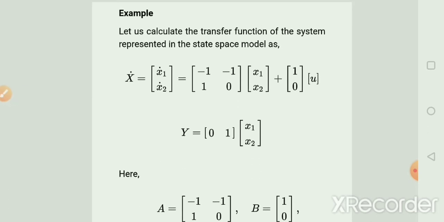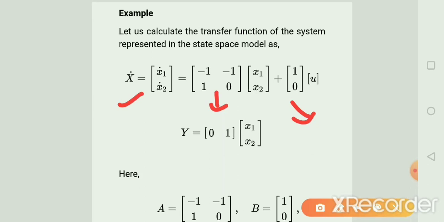Now for example, let's calculate the transfer function of the system which is represented by the state space model. Here we have a state space model, we know that x dot equals Ax plus Bu. So it is x1 dot and x2 dot. The B matrix value is 1 0 and u is the input.